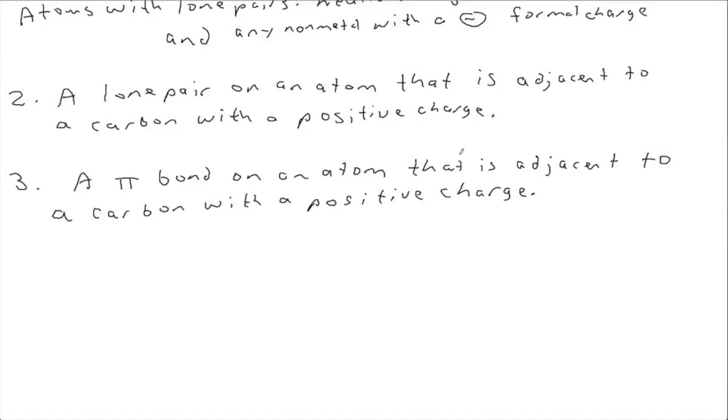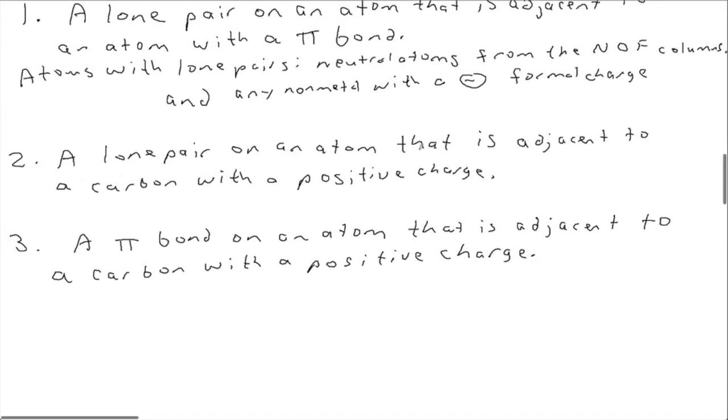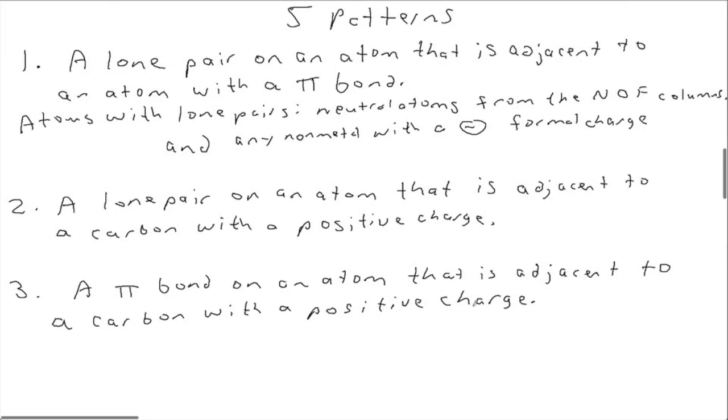So here's another pattern to recognize for drawing resonance. A pi bond on an atom that's adjacent to a carbon with a positive charge. Tell me when you have that down.